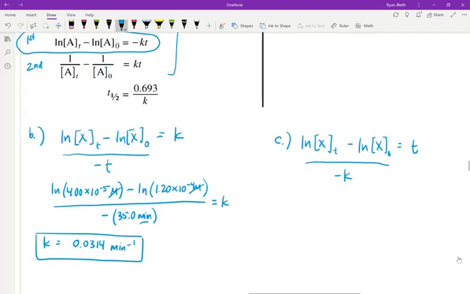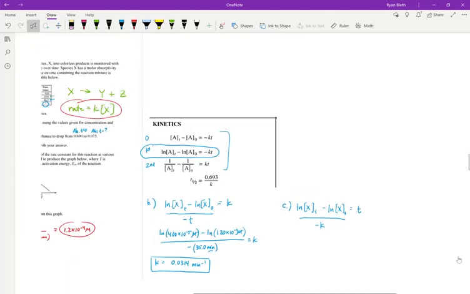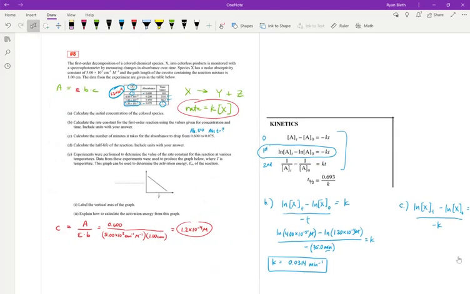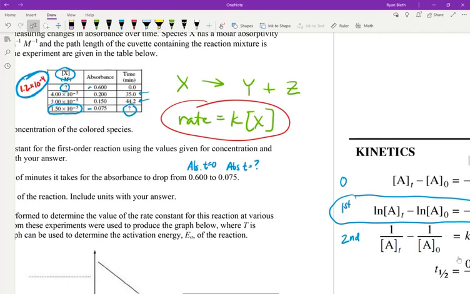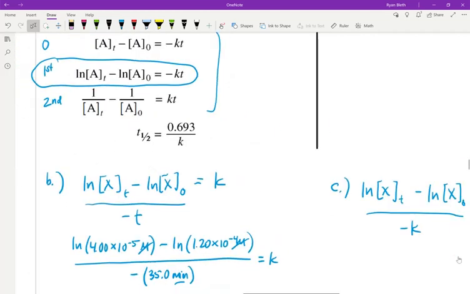Let's go ahead and fill in the values that we know. At time t, the absorbance was 0.075 in our data table, sorry, I misspoke again. The concentration was 1.5 times 10 to the negative 5. There's our concentration.